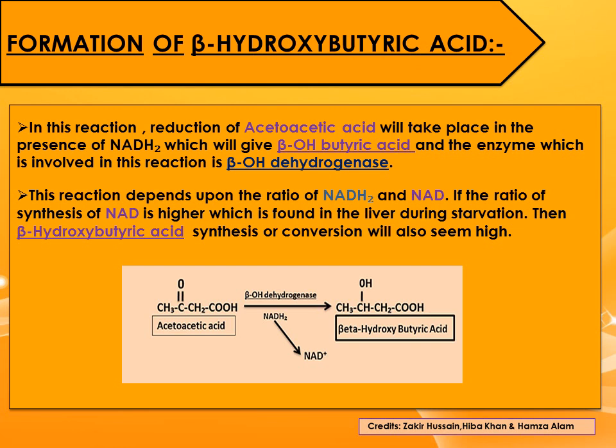This reaction depends upon the ratio of NADH2 to NAD. If the ratio of NADH to NAD is higher, which is found in the liver during starvation, then beta hydroxybutyric acid synthesis will also be high.